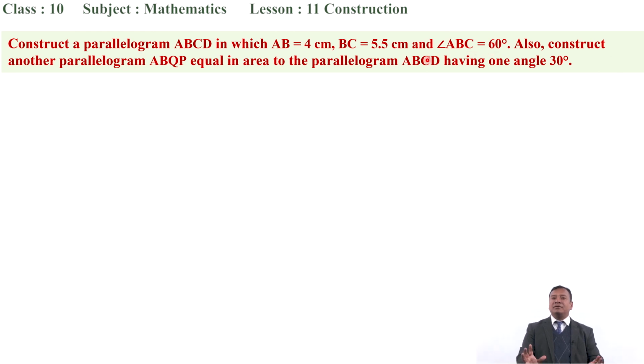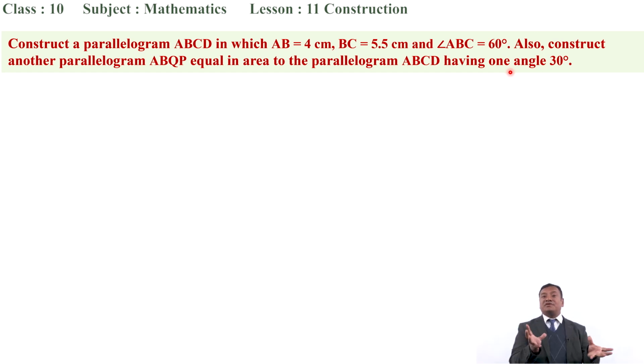First of all, we have to construct the parallelogram according to the given information. Then we have to construct another parallelogram ABQP, in which one angle must be 30 degrees, right?